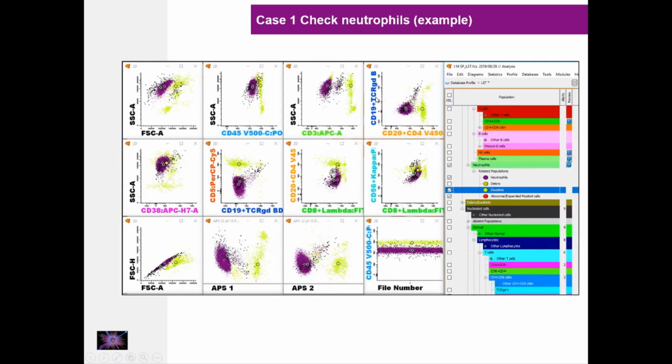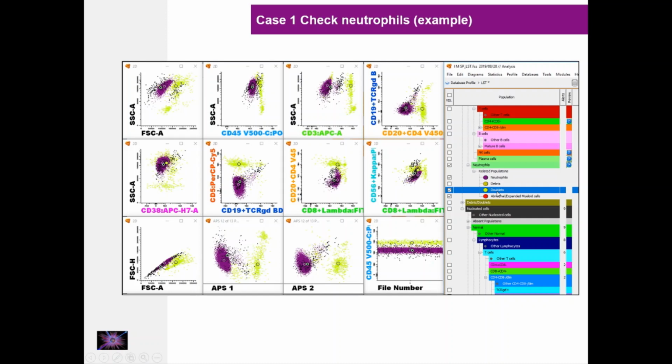Another example regarding, for instance, neutrophils, we can see that the black dots we have here are, some of them debris and some of them doublets. And in fact, what the software does, it gives us suggestions with the more probable population, and as you can see, one of the suggestions was the debris and the other was doublet, so it was correct.